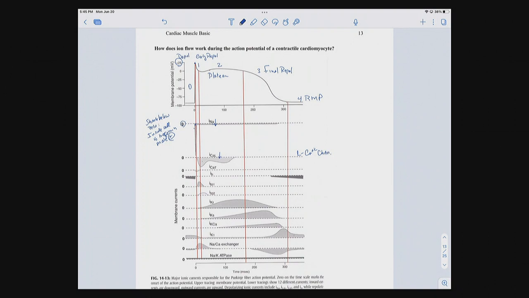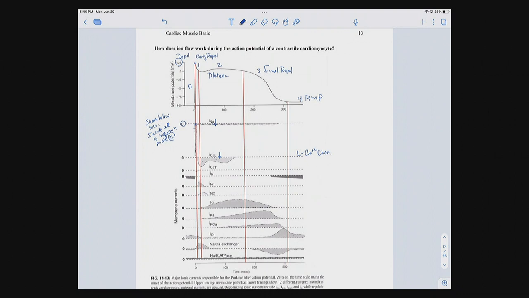So that's another thing that is driving it northward. But this time what's happening is that the L-type calcium channels only open in response to the depolarization from the voltage-sensitive sodium channel. So there's a little bit of a delay. But I'm still starting to get some calcium to flow in here.